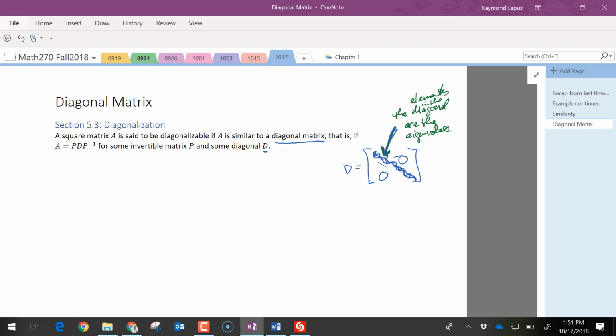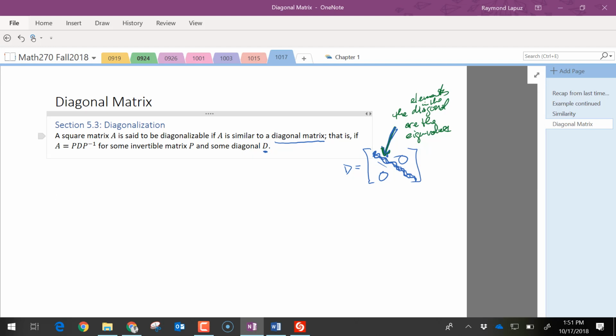Can you give me a matrix similar to this that's a diagonal? Then you would just tell me that the matrix has a diagonal of 1, 2, and 3, and zeros everywhere else. And they would be similar. So that's our first step, to figure out how to find that diagonal. And the way to find that diagonal matrix is by finding the eigenvalues of A.